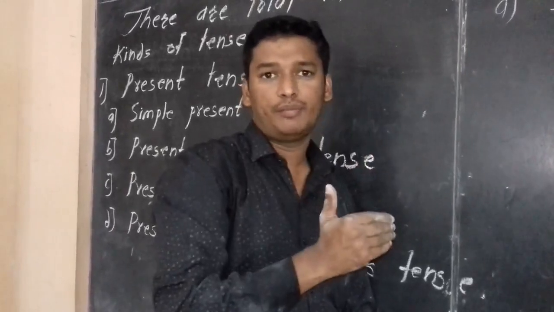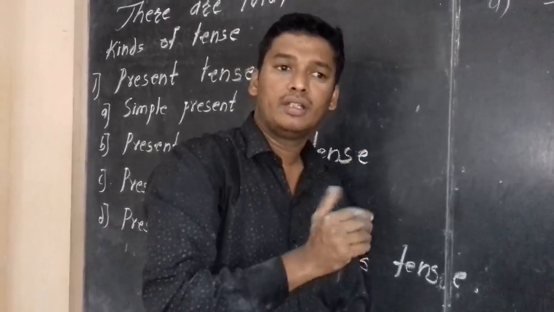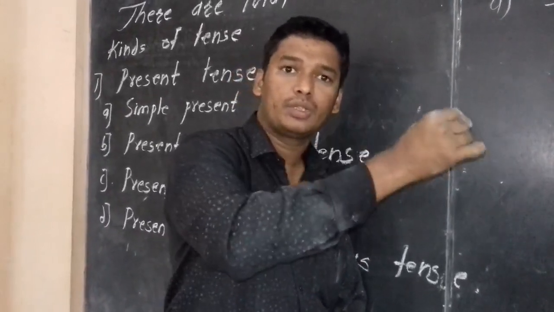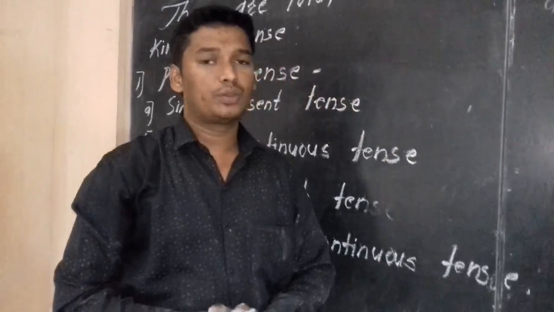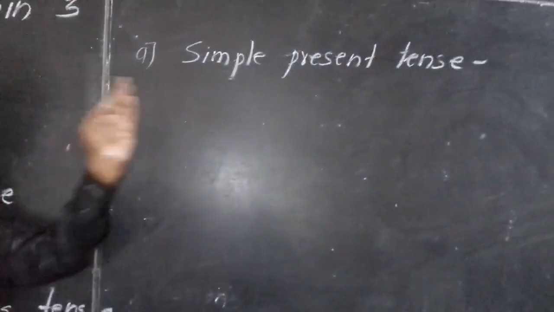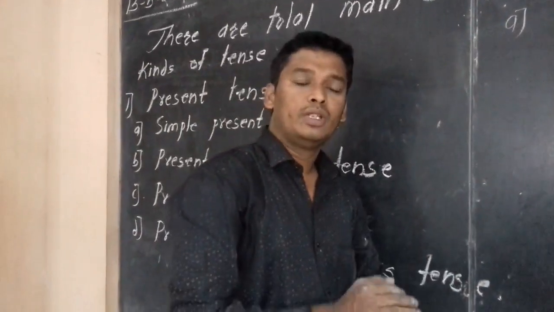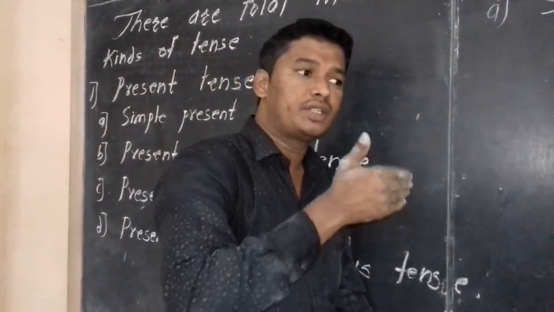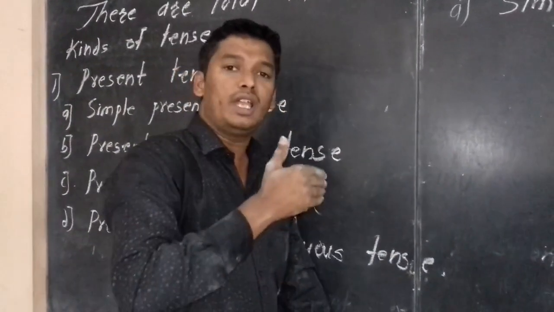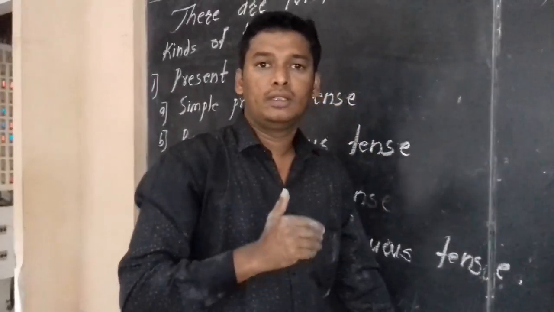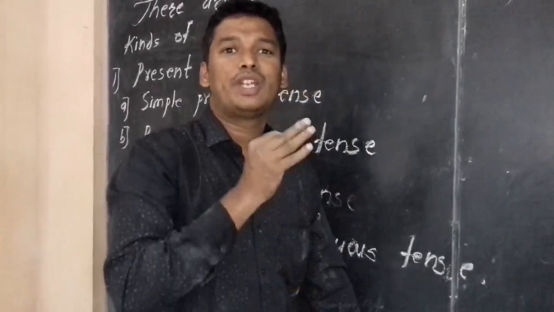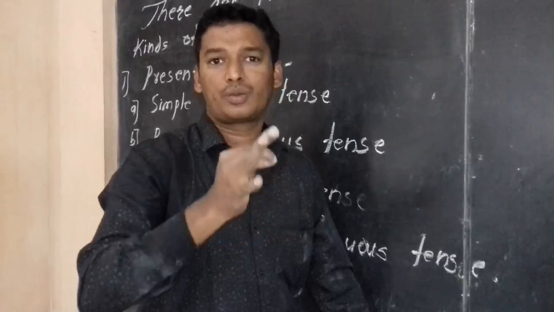It is accepted by us. The sugar is sweet. It is acceptable truth. So, such truths are expressed by this simple present tense. Once again, simple present tense is used to express routine and habitual action, universal truth and general truth.